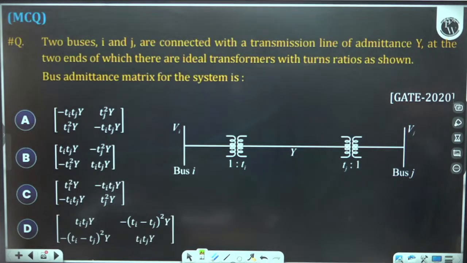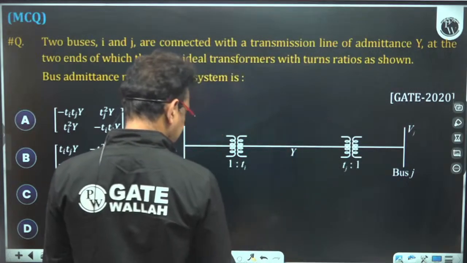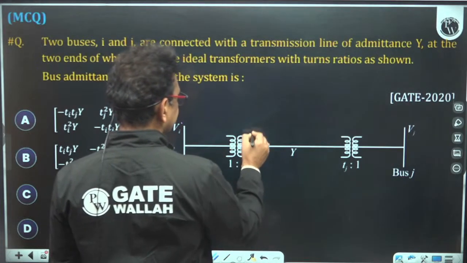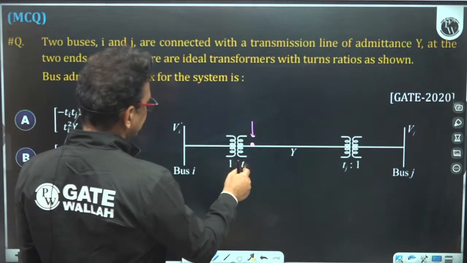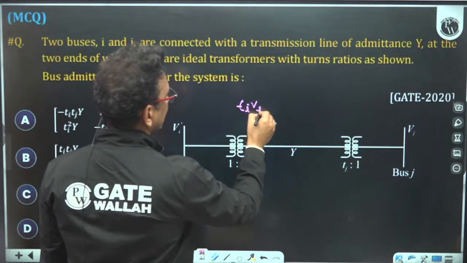The bus admittance matrix would be... See, this is the admittance of the transmission line. If I refer this voltage here, the voltage will be transformed as per the turn ratio, so it becomes Ti into Vi.